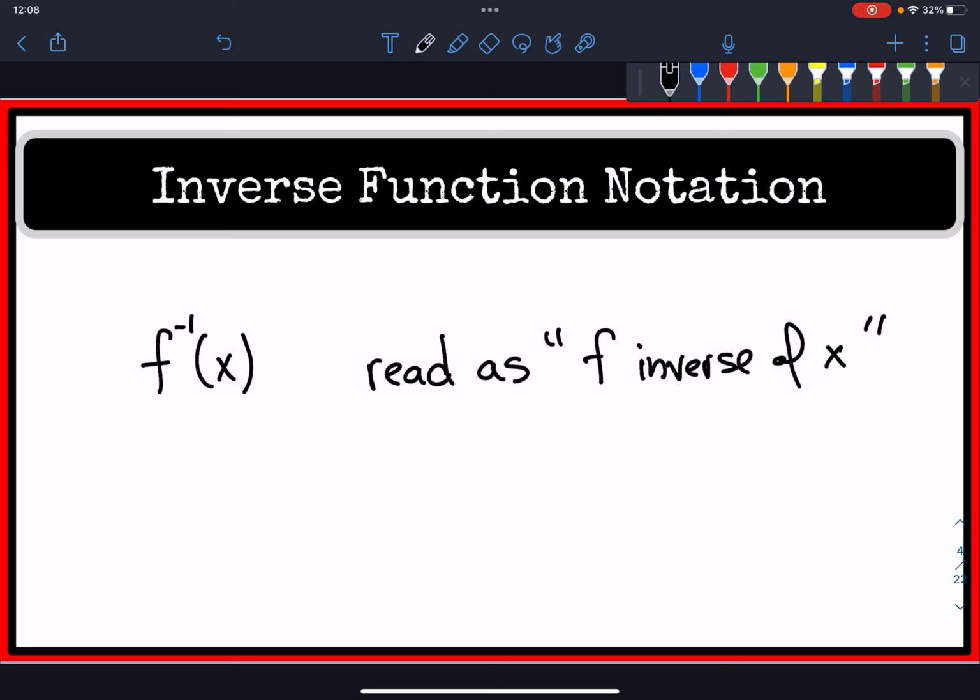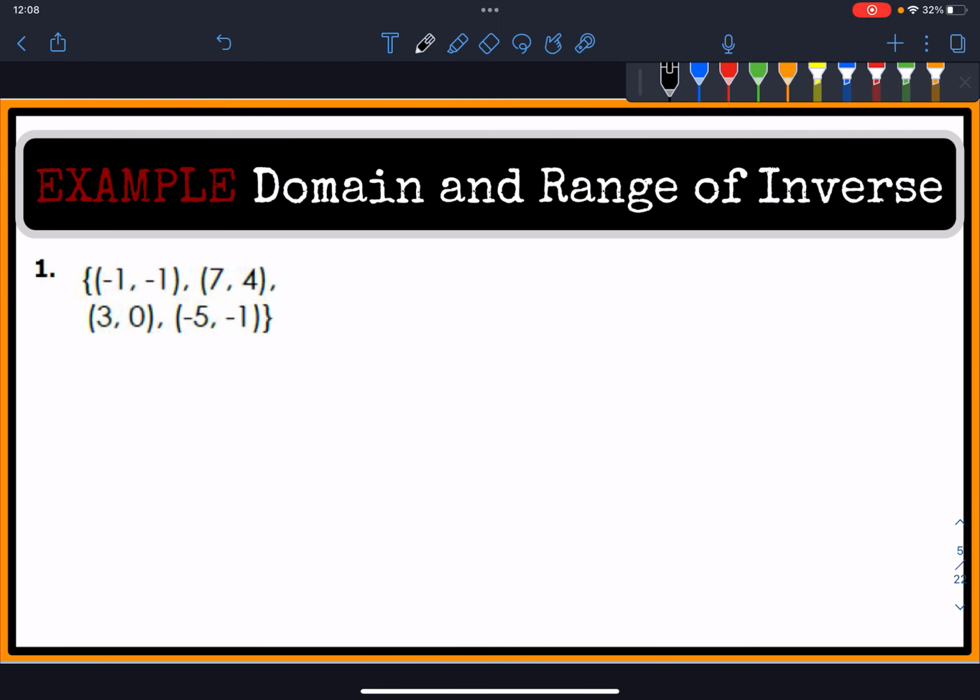So let's look at some examples on how we're going to find the domain and the range of an inverse. Let's look at example number 1. Here we see that this represents a function f. So let's put this in a tabular view. We have our domain and our range for our function. We have negative 1, negative 1.